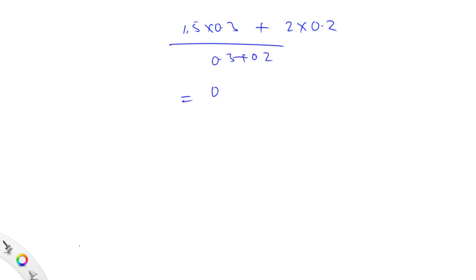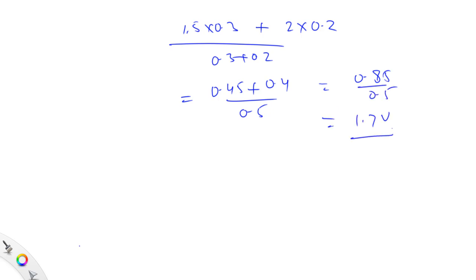That means 0.45 plus 0.4 is 0.85, so that is 1.7 volt. That was the answer. Okay.